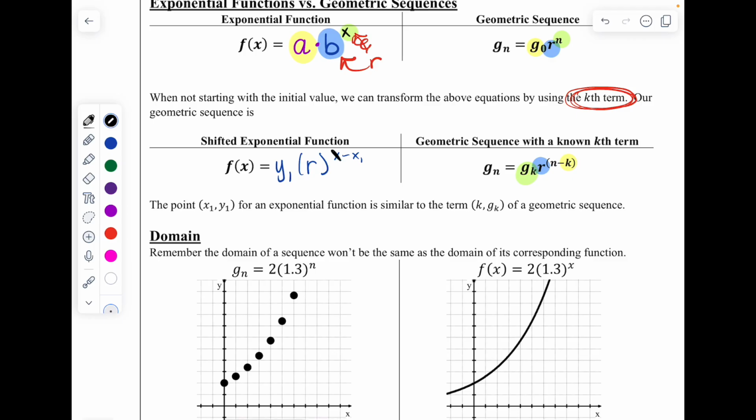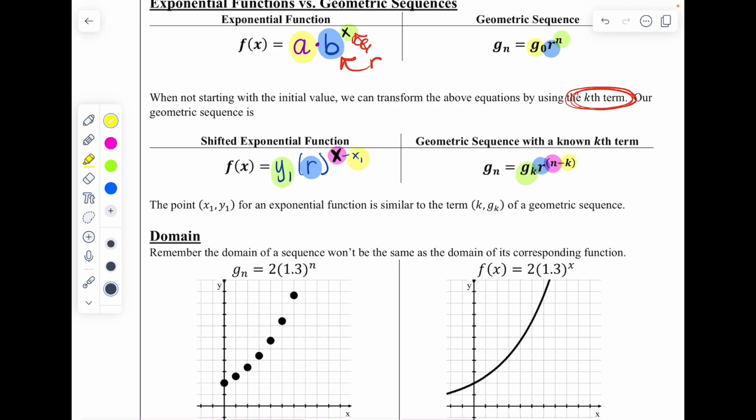Again, this x and this n are the same idea because we're talking about them as the variable, where our kth value of g is the same as our y1 value. Our common ratio is here.